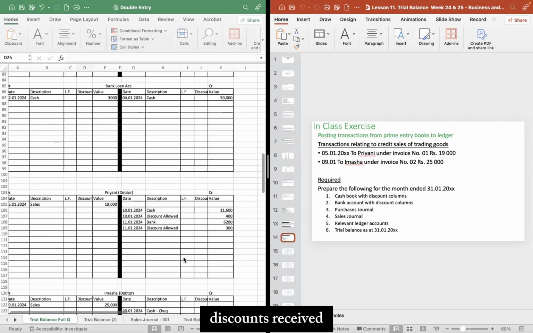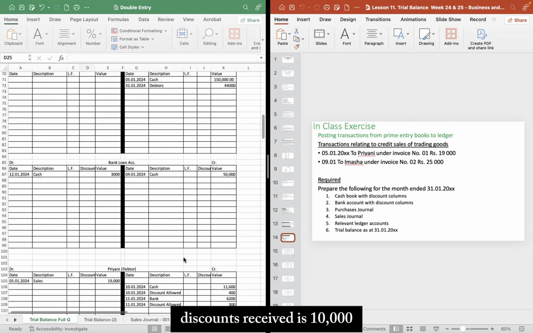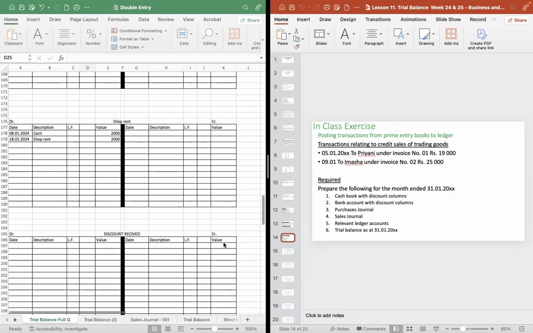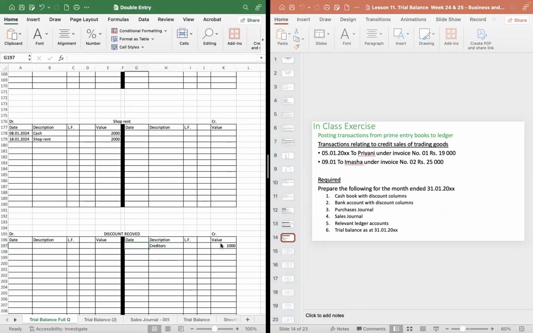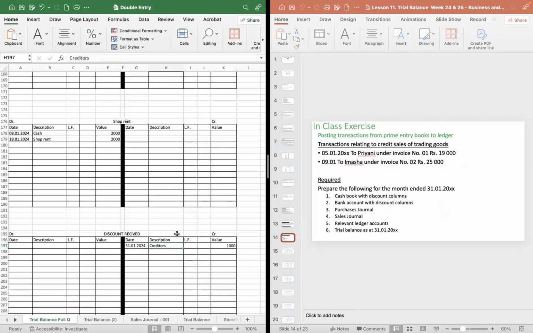Discounts received is 10,000. We are receiving it from creditors. Jan 31st, 2024.